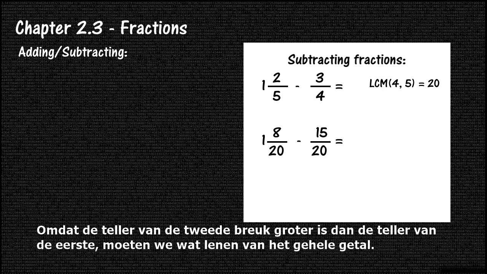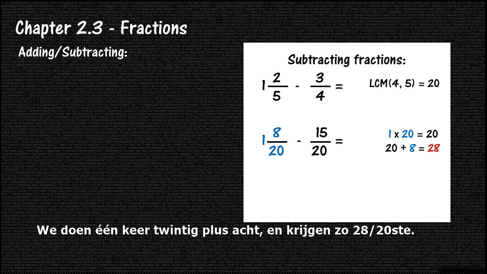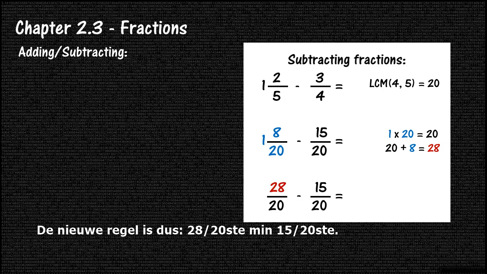Because the numerator of the second fraction is bigger than that of the first fraction, we have to borrow from the whole number. We are going to place the 1 back into the fraction. We do 1 times 20 plus 8 to receive 28 over 20. We now have the line 28 over 20 minus 15 over 20.